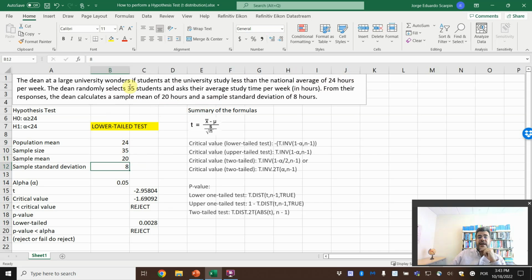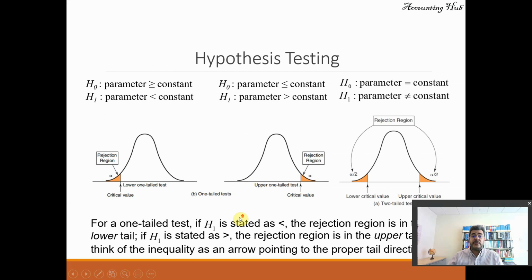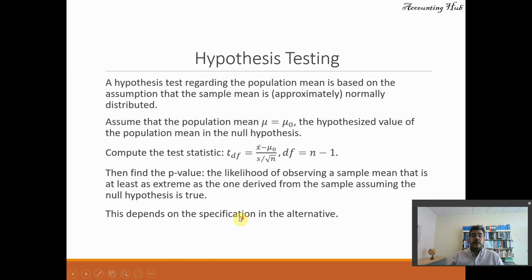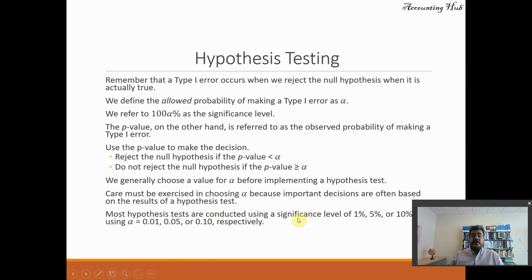And 35 is the student sample. Let's consider first an alpha of 0.05. If we go back to our PowerPoint, the significance level of 5%.